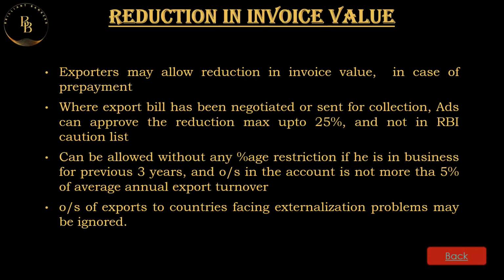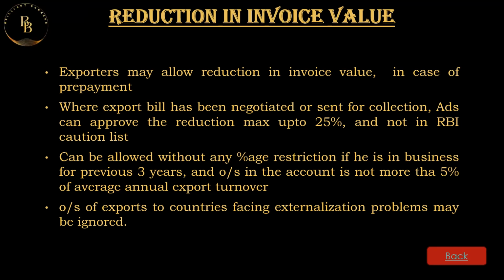The reduction can also be allowed without any percentage restrictions if the exporter has been in the export business for the last 3 years and his track record is satisfactory, and the export bills outstanding in the account are not more than 5% of the average annual export turnover of the preceding 3 financial years or the 3 calendar years, whichever is applicable.